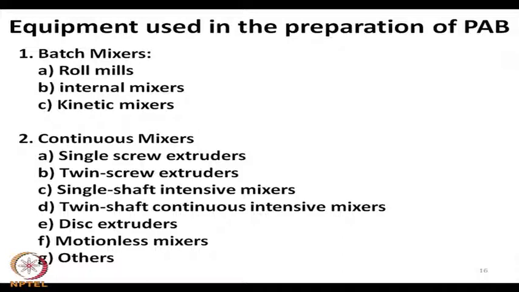That means, the RPM of the first roll can be, suppose 18, the RPM of the other roll can be suppose 15. So, what happens?